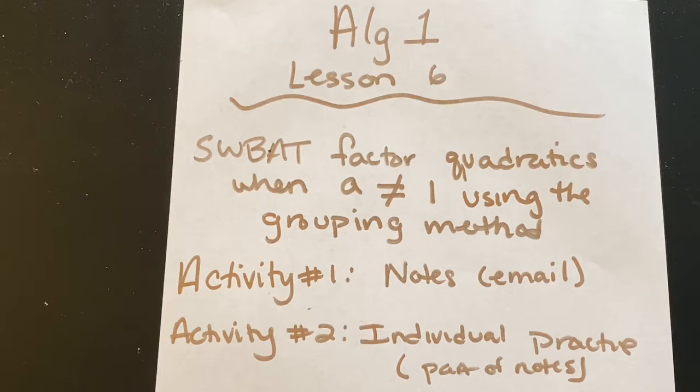The reason we're doing these lessons in this order is because factoring 4-term polynomials is a skill you're going to need when factoring quadratics where a is not 1. After we do the notes, I'm going to show you your individual practice and exactly what you need to do.